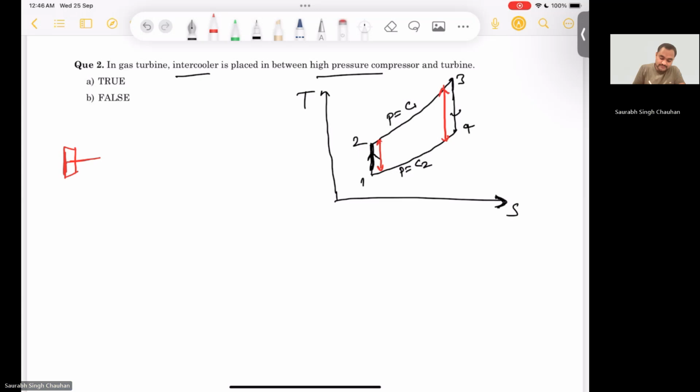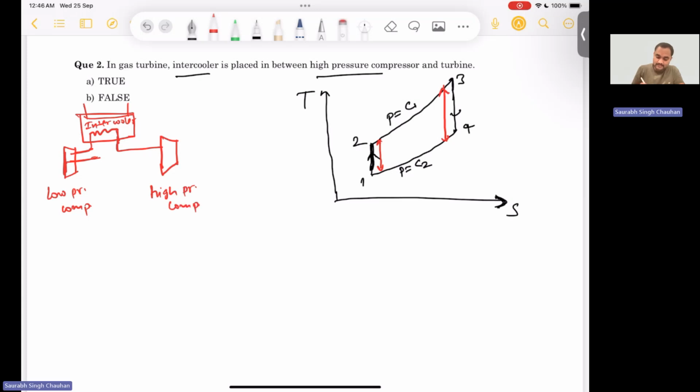Then you can pass this gas to a heat exchanger, basically an intercooler. Then again you compress this gas in another compressor. So the first one is our low pressure compressor, and the second one is the high pressure compressor.